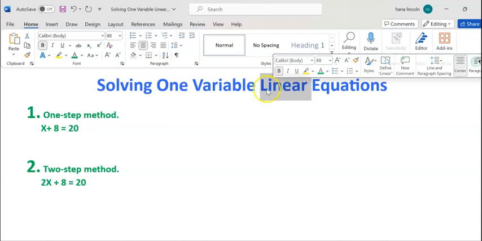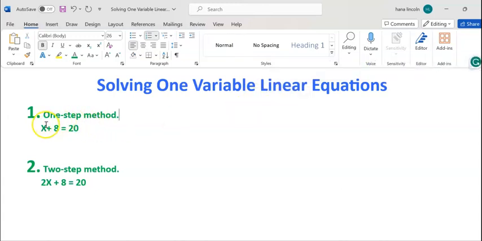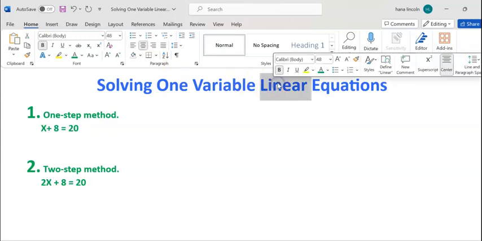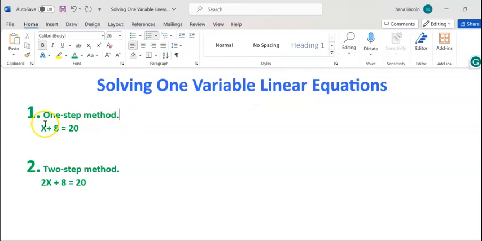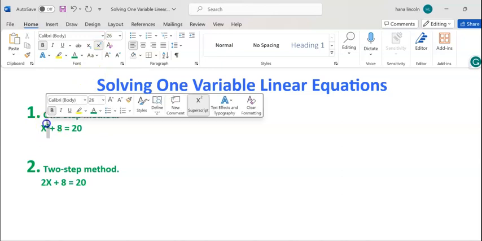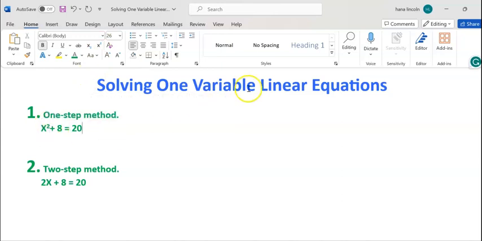We say linear because the power or the exponent of x is 1. Usually we don't write down 1, so we say linear. But if the exponent is 2, we don't say linear.